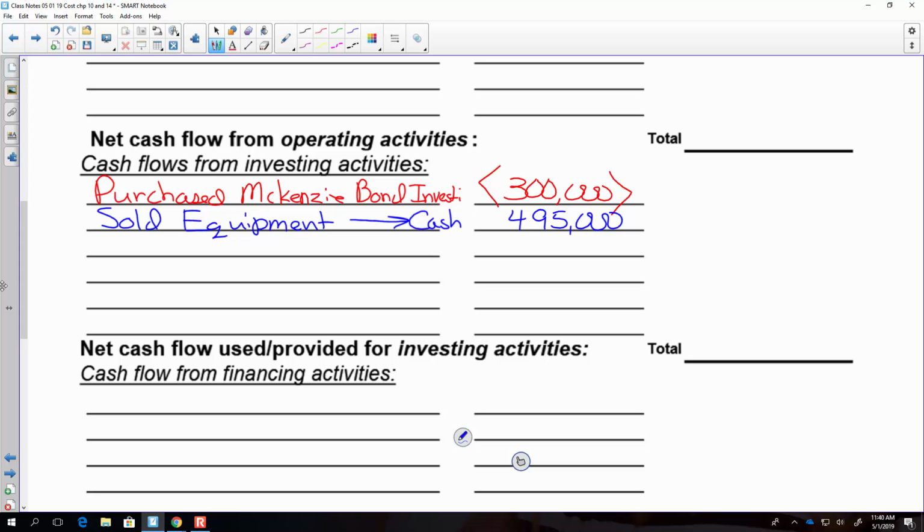The next one, purchased new machinery. Forgot the amount again. 180,000.